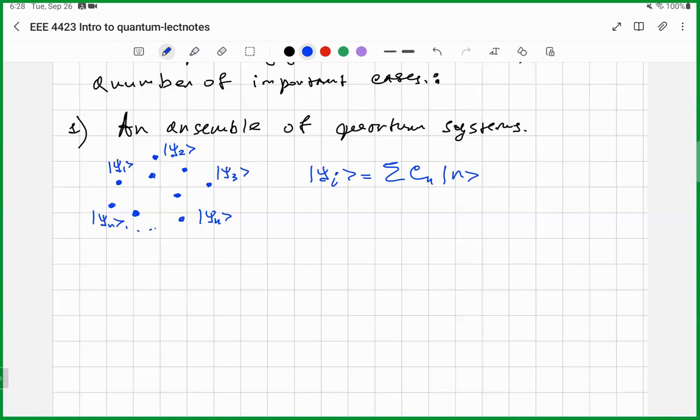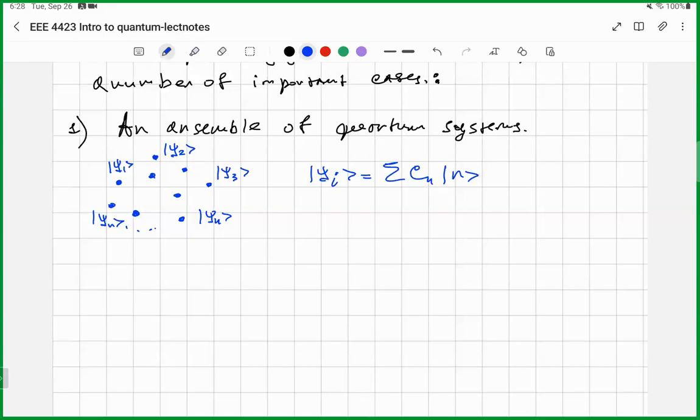Okay, and if we make an experiment and blindly pick up one system in this ensemble and measure it, we can find this system to be in a state, for example, state I. Then I put this system back, do the measurement again, and find another system, for example, in another state.